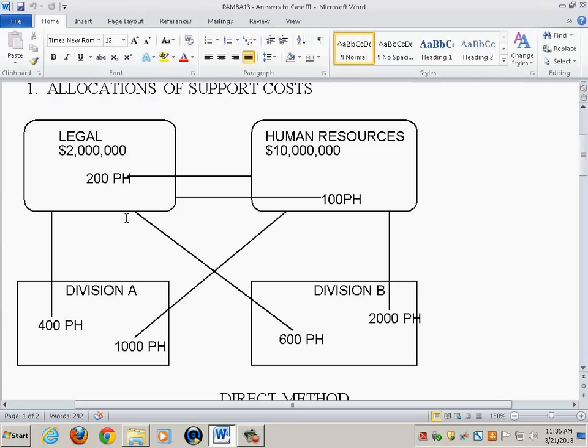So if the activity cost pool in human resources is recruiting costs, and we still want to remain with person hours, the appropriate cost driver may be person hours devoted to recruiting only. So we have to calculate the person hours in human resources that were devoted to recruiting only, and they'll be the appropriate cost driver for the cost category recruiting in human resources.